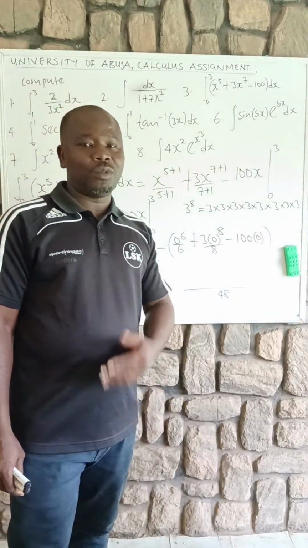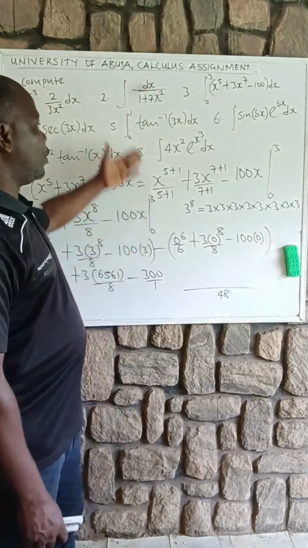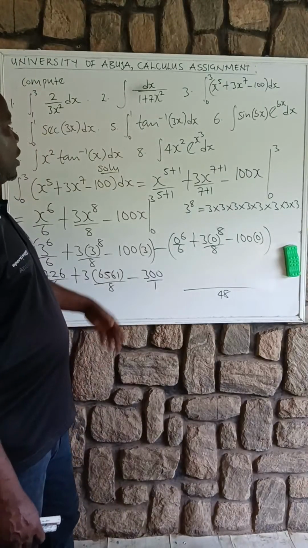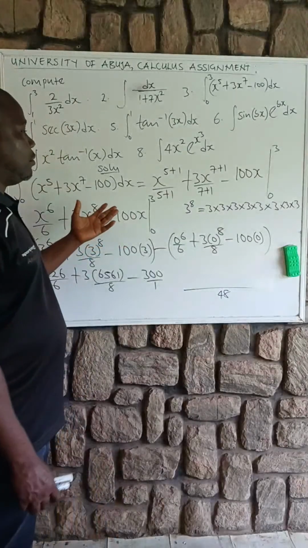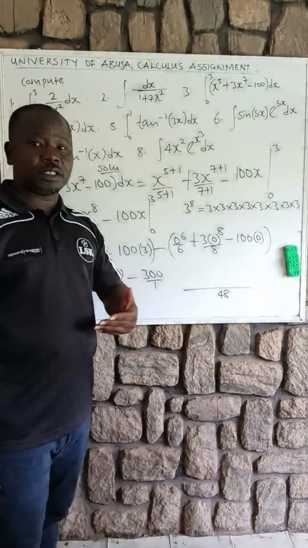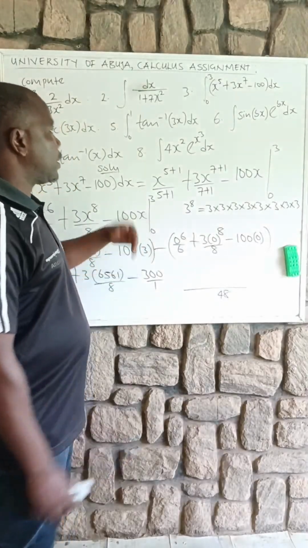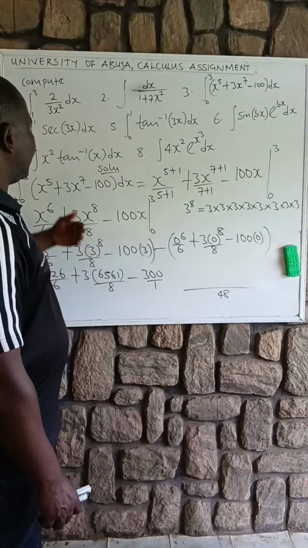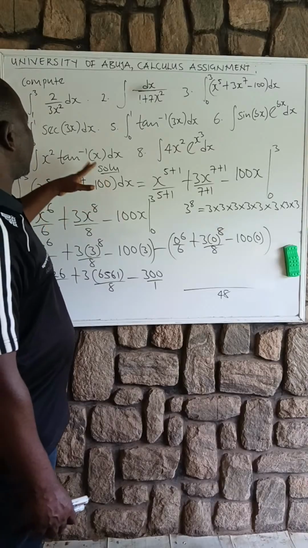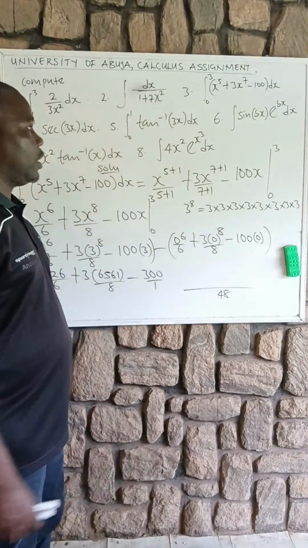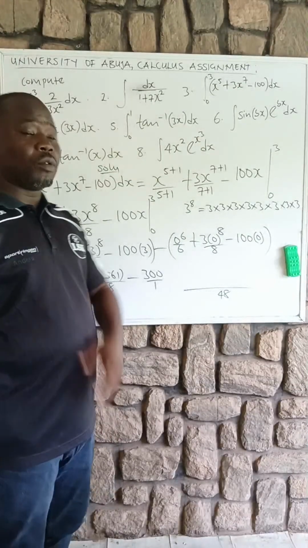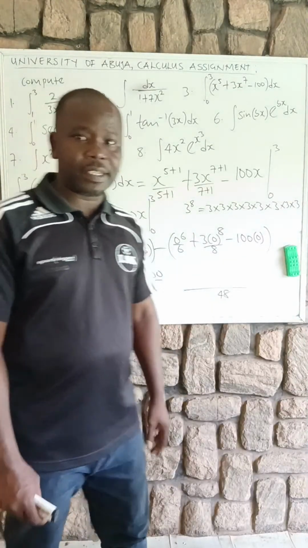So what I will do is solve a few of these. We solved this and this in the morning, and I promised to be live this afternoon. And I'm here. So I'm going to solve a few out of these 1, 2, 3, 4, 5. Then I'll go ahead to solve the one we were sent again.